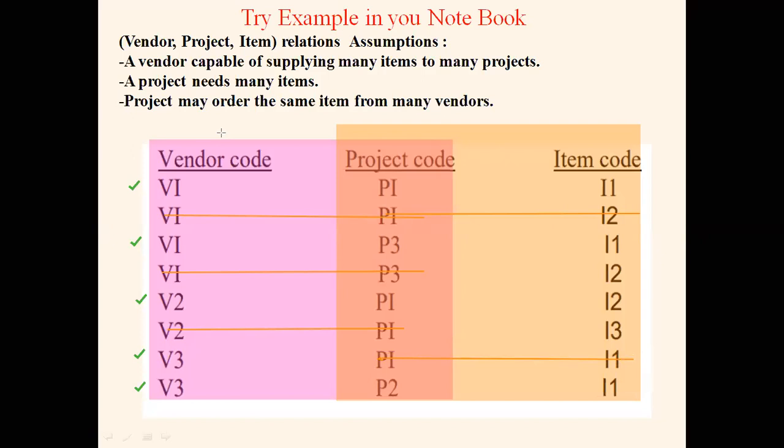So here we have removed whole rows, P1 V1 and P1 I2, the whole tuples. This is how we have reduced the multi-valued dependency over the table. So we have used the fourth normal form, that is multi-valued dependency.